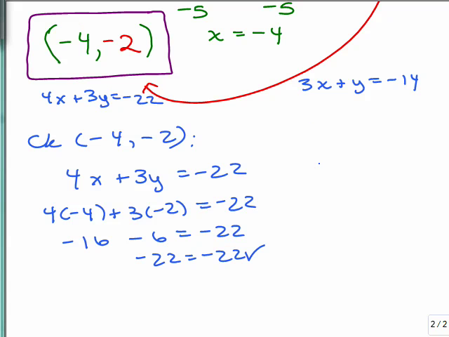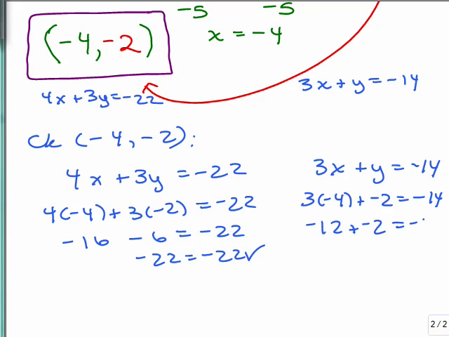And then we're going to check it into 3x plus y is -14. So we're going to put in -4 for x and -2 for y. -12 plus -2 equals -14.